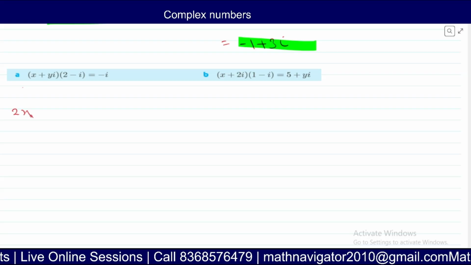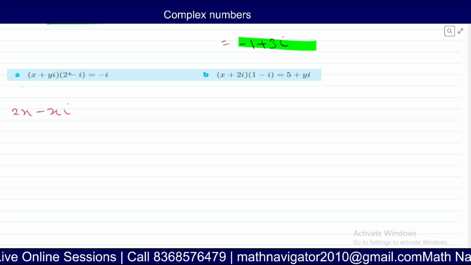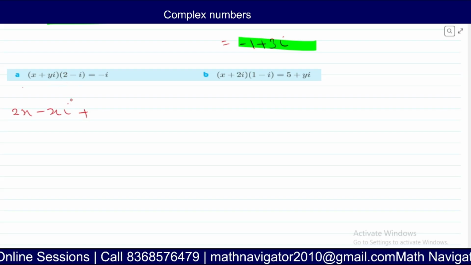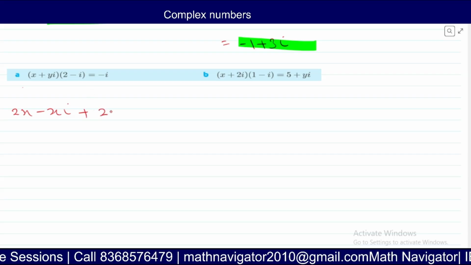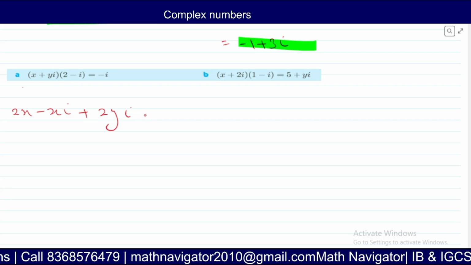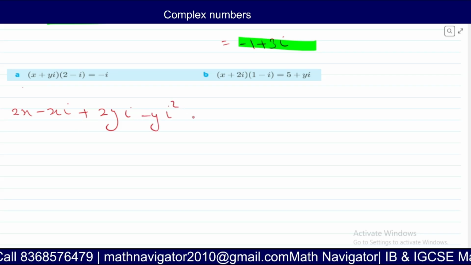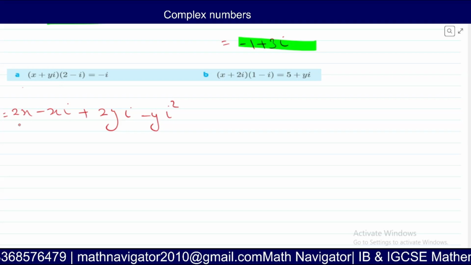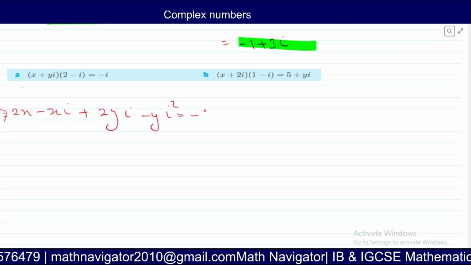So 2x minus xi plus 2yi minus yi squared is equal to negative i.